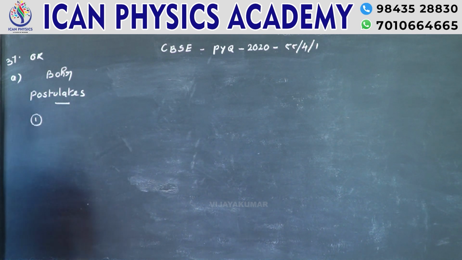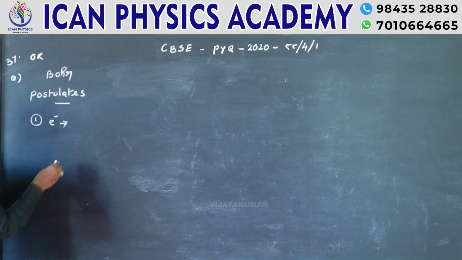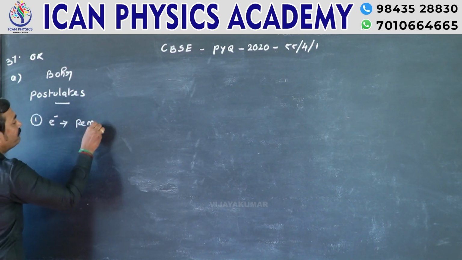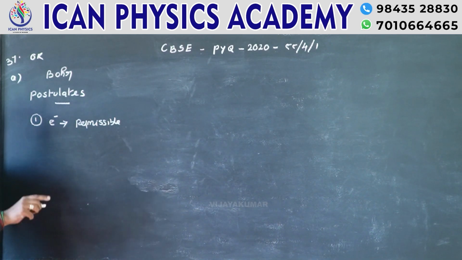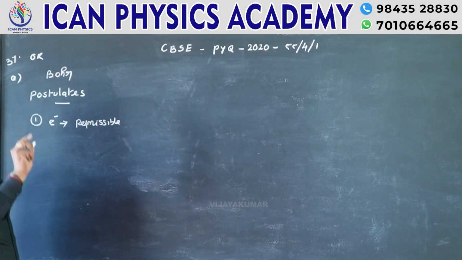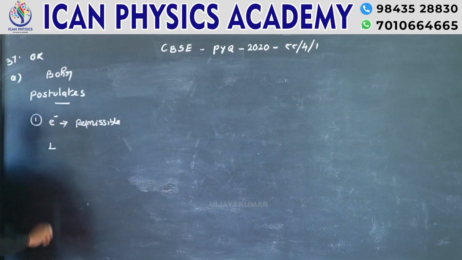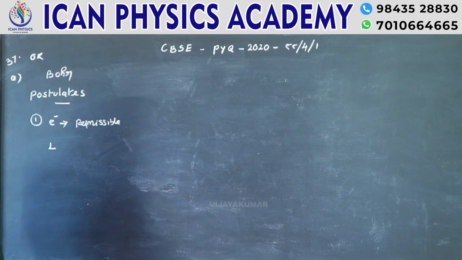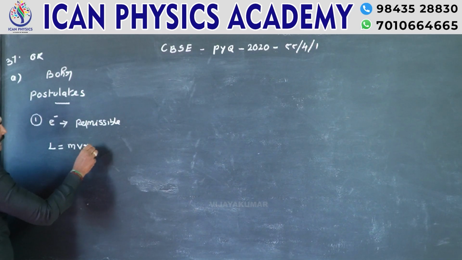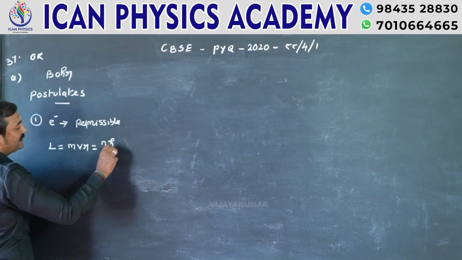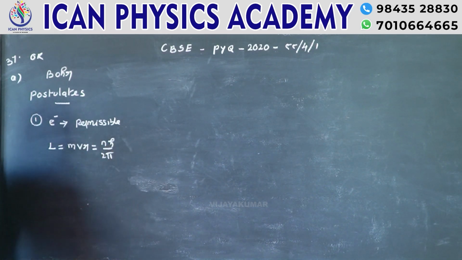The first one: the electrons revolve only in permissible orbits. When the electrons are revolving in the permissible orbit, they possess angular momentum. The angular momentum mvr is an integral multiple of nh by 2 pi.